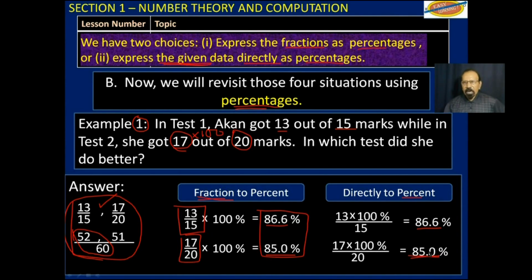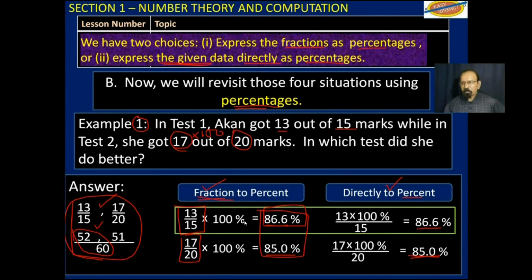So whether you calculate the percent directly or you take the fraction and carry it to a percent, you will still get back the same answer. It does not make a difference. So now we can see that whether we do it by fraction or we do it by percent, you can clearly see that she did better in test 1.